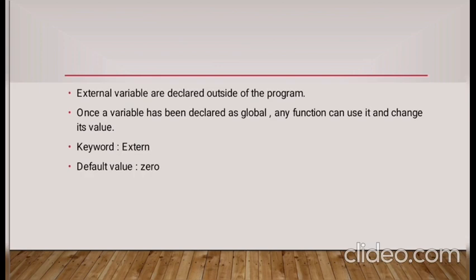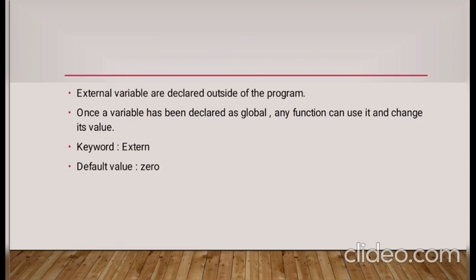Automatic variables are declared inside the function, but external variables are declared outside of the function. Once a variable is declared as global, any function can use it and change its value.